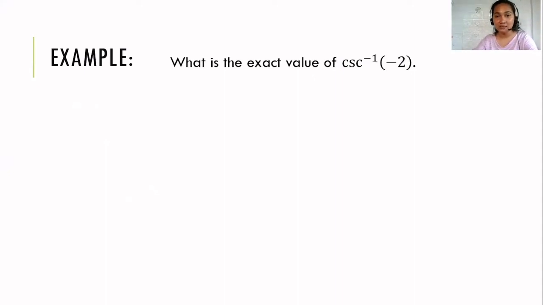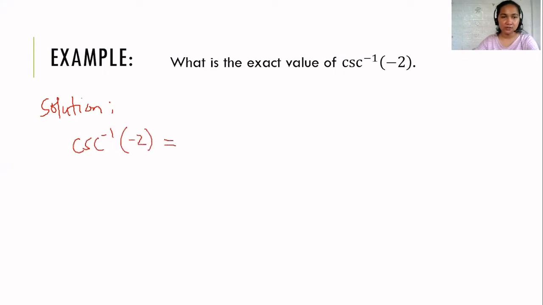For cosecant inverse of -2, recall that the reciprocal of cosecant is sine. So for this example, to find the exact value of inverse cosecant of -2, this means inverse sine of negative 1/2, the reciprocal of negative 2.